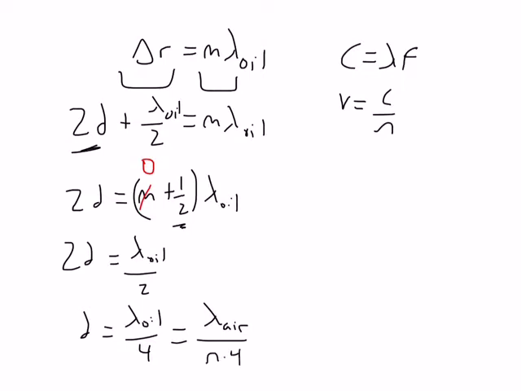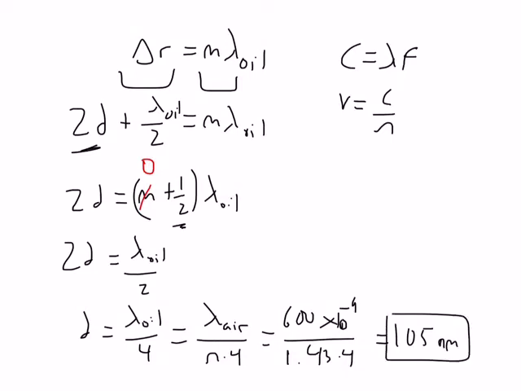Either way works as long as you arrive at that result. If you plug in the numbers, we get 600 times 10 to the negative 9th, and then oil is 1.43, and then we have the factor of 4. If you plug all that in, you get 105 nanometers, or 105 times 10 to the negative 9th meters, if you leave it that way too.